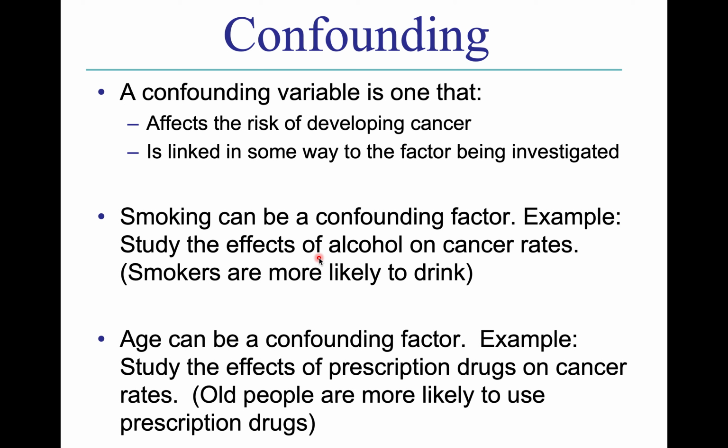There's lots of interest in looking at the effect of prescription drugs on cancer, but of course, because elderly people are more likely to be taking prescription drugs, and we talked about the fact that age is really one of your greatest risk factors for developing cancer, again, that may skew that particular data set.